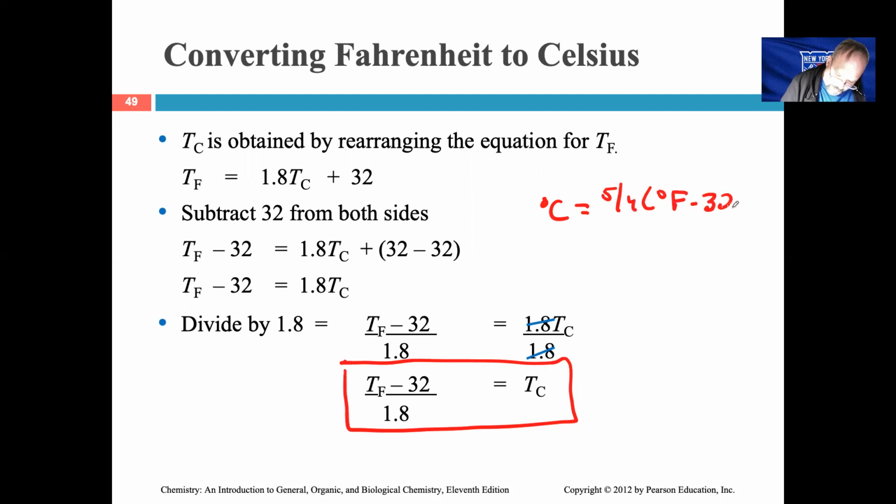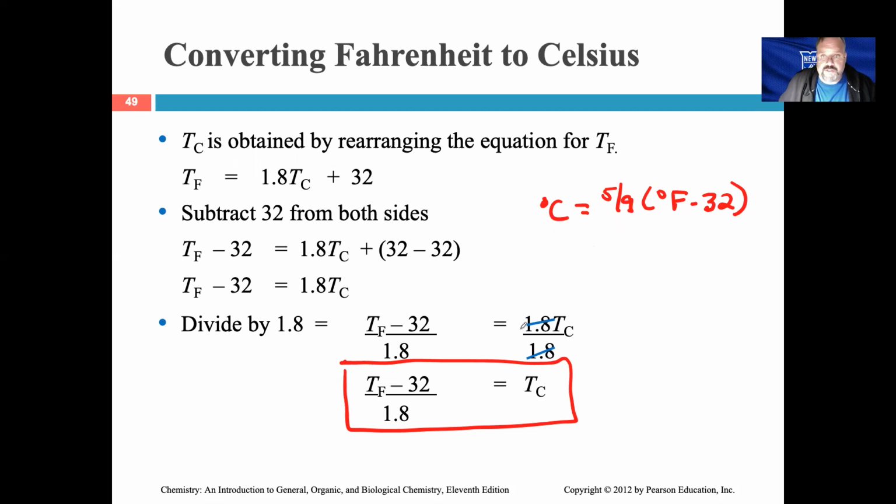One other way that the same equation can be given is to say that degrees Celsius is equal to 5/9 times the quantity degrees Fahrenheit minus 32.